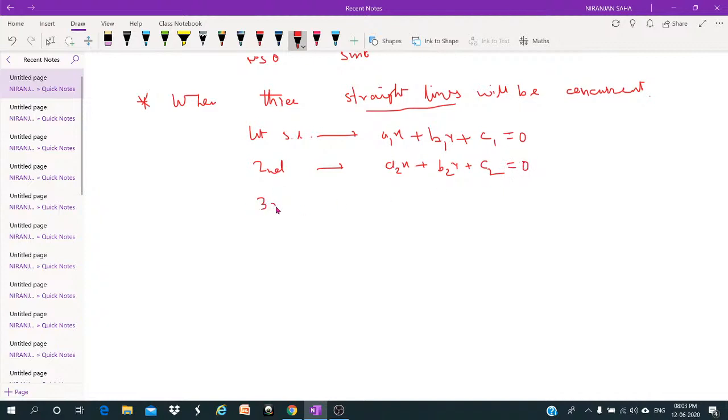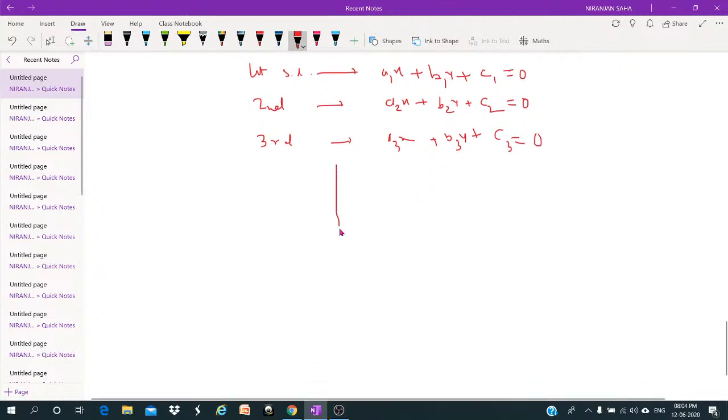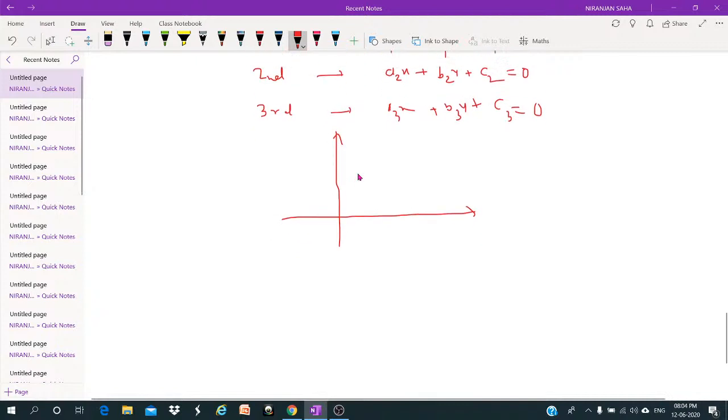The third straight line we are taking is a3 x plus b3 y plus c3 equal to 0. If we draw a Cartesian plane, and the three straight lines pass through a single point, then they are concurrent.